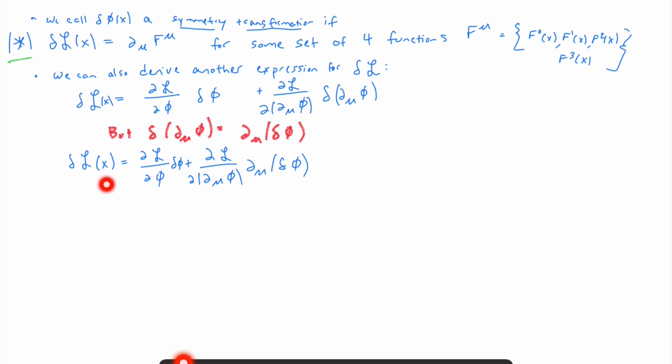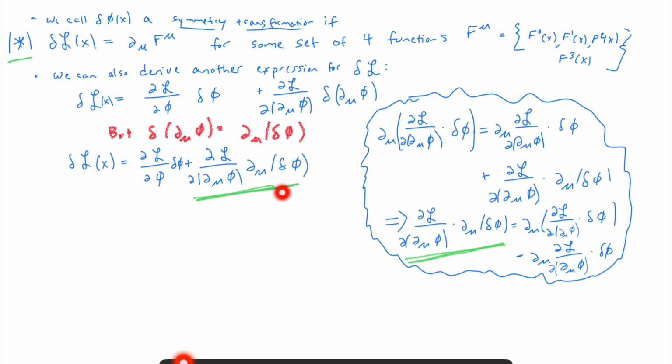Delta of Lagrangian is equal to the partial derivative of the Lagrangian with respect to phi times delta phi, plus the partial derivative of the Lagrangian with respect to d mu phi multiplied by, now just reversing this, d mu of the delta of phi.